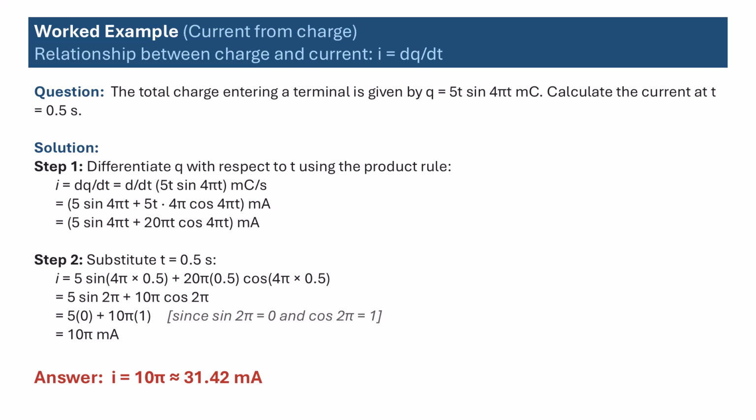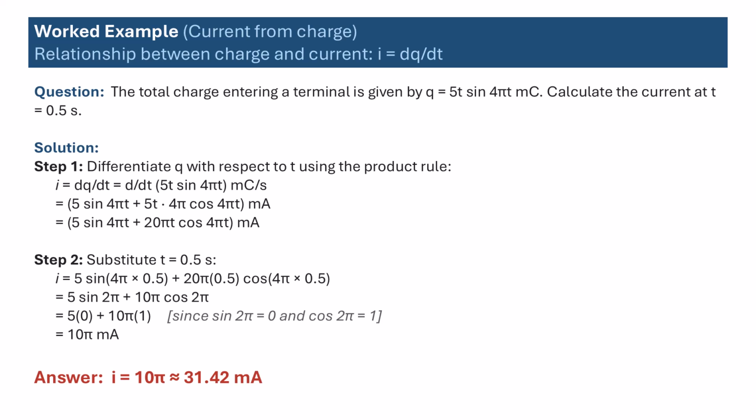Therefore, I equals dq/dt equals 5 sine 4 pi t plus 5t times 4 pi cosine 4 pi t, equals 5 sine 4 pi t plus 20 pi t cosine 4 pi t milliamperes. Step 2. Substitute t equals 0.5 seconds. The argument becomes 4 pi times 0.5 equals 2 pi radians.